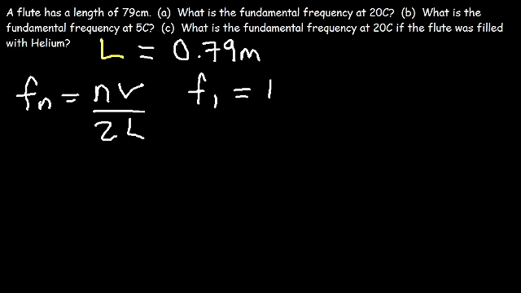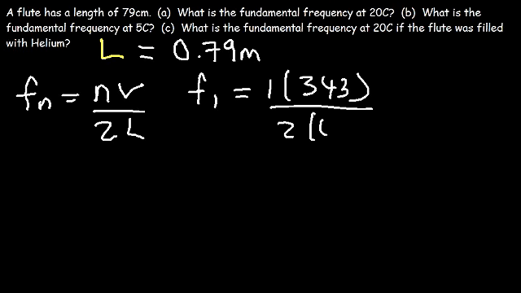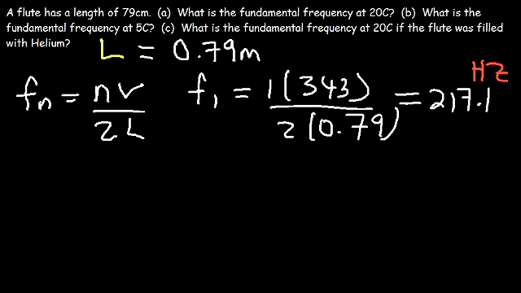And at 20 degrees Celsius, the speed of sound is 343 divided by 2L. So 2 times 0.79, that's 1.58. 343 divided by 1.58 is equal to 217.1. So that's the fundamental frequency for part A.